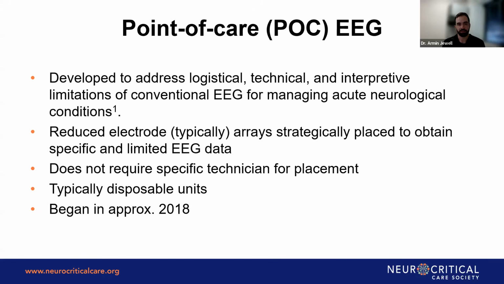The idea was a reduced electrode array to get the most important and most specific data that would help us with the acute information necessary for treatment. Not to fully replace conventional EEG, but to give this typically reduced electrode array to provide the limited EEG data that we need for treatment.